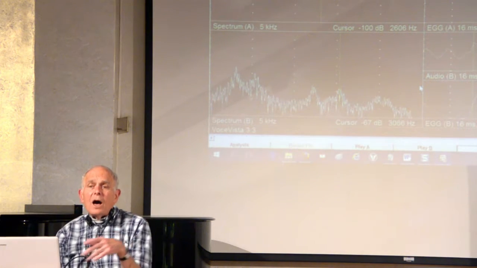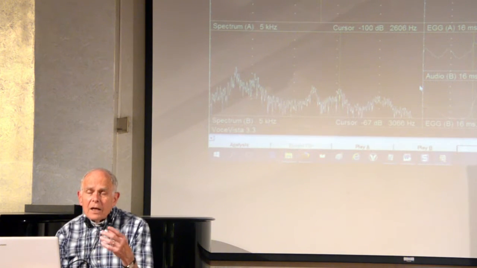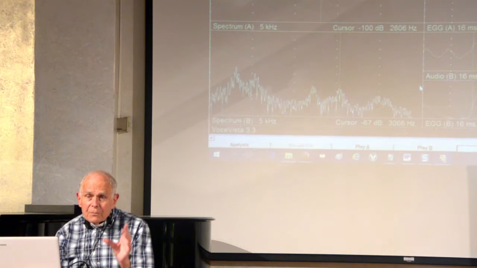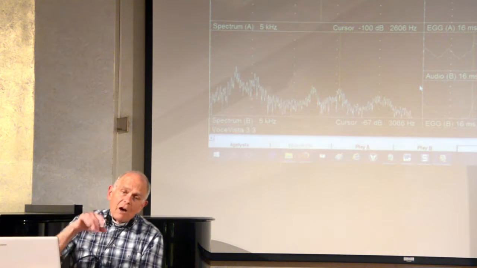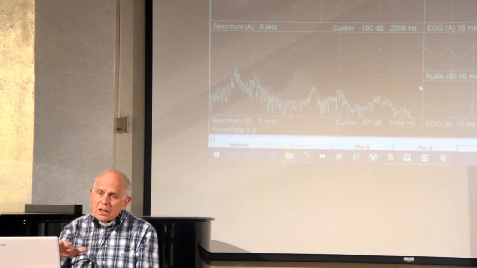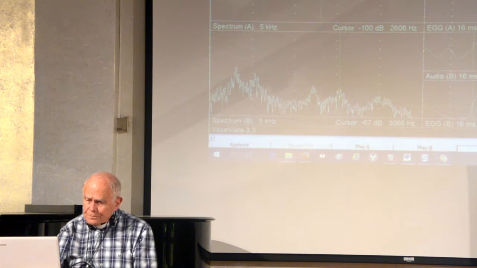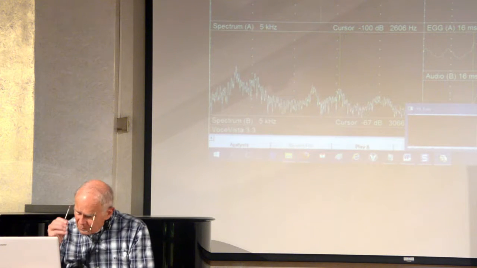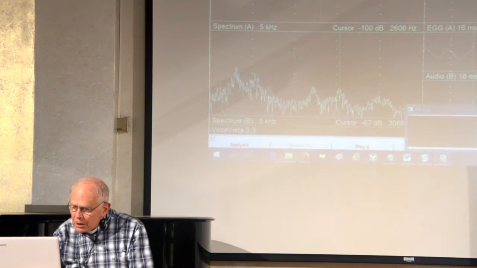Anyway, I want to show you that, and a little bit of averaging will also smooth out the roughness of fry. So if you want to see clean fry, now what I'm going to do is just a little bit of averaging.